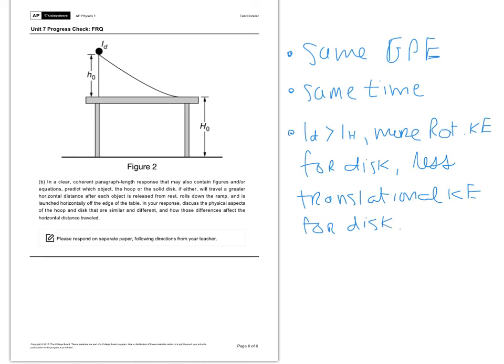So because of the disk's higher moment of inertia, it's going to have more rotational kinetic energy. That's because that's 1/2 I omega squared. Therefore, it's going to have less translational kinetic energy, the 1/2 mv squared. So that means it's going to have less speed.